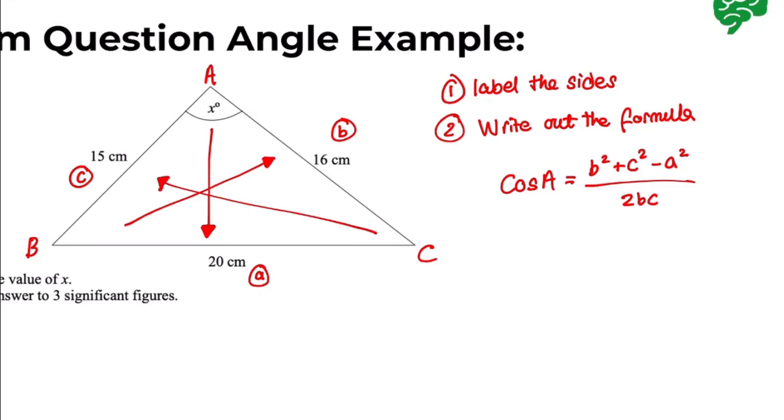Okay, so that's our formula that we've written down. And now we do the exact same thing that we've been doing all along, which is to substitute into the formula.